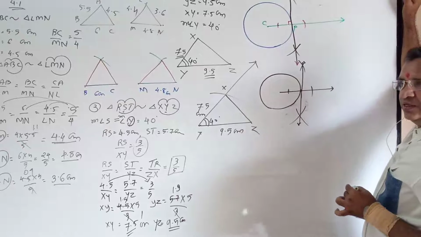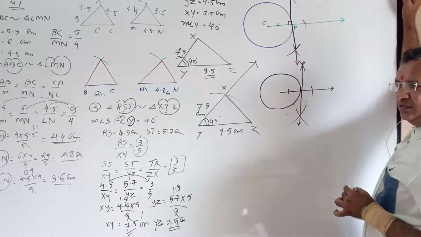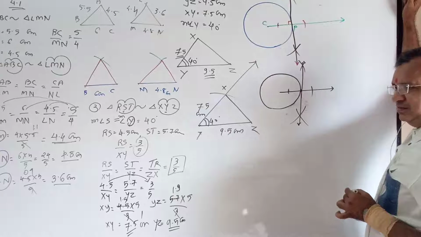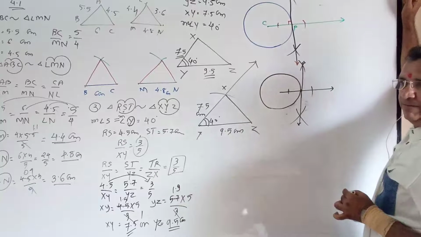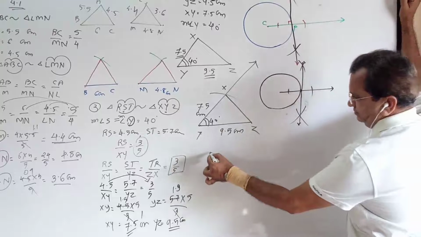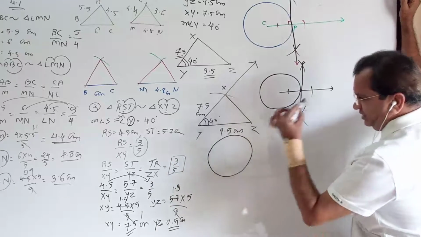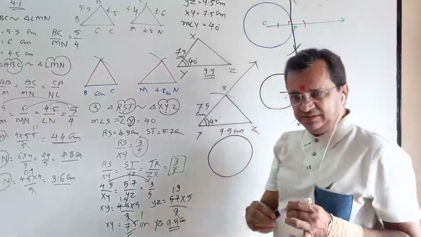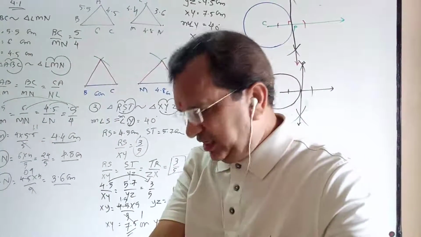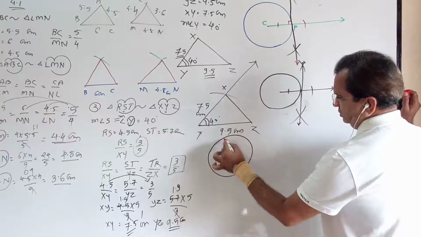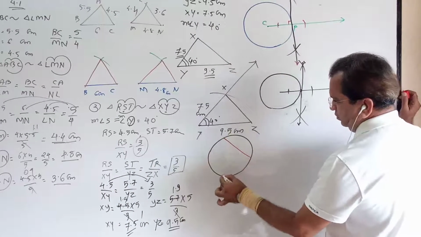Now, they will ask to draw one tangent from a point on the circle without using center. So suppose 3 centimeter is given. Then without taking any measurement, just draw one triangle.